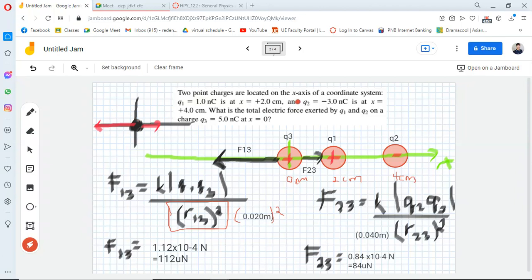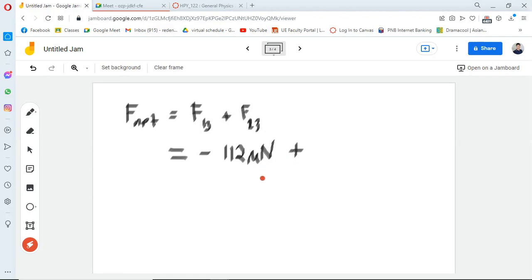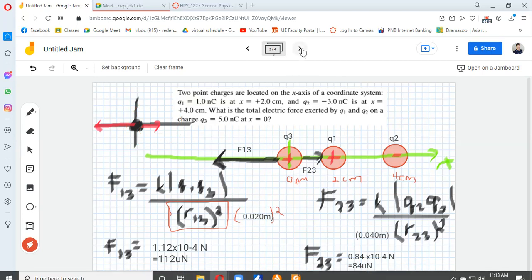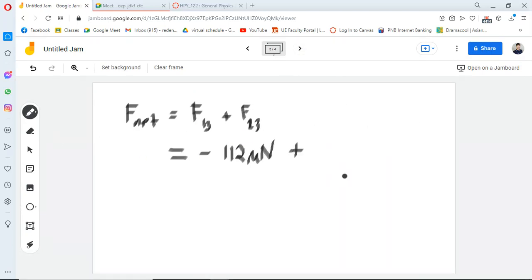You need to specify the direction. That is why you have negative 112 Newton plus this F23, which is now a positive value because it is oriented to the right, this part, which is 84 micro Newton. That's why you need to write it as 84 micro Newton. So what then is the value of this?